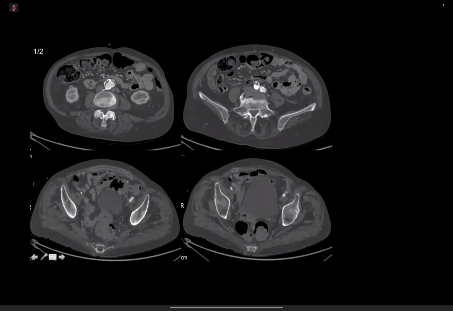Okay, I can approach retrograde left common femoral puncture. This would be the safe setting. I think we have enough distance to maneuver from contralateral retrograde puncture. And I can see the bifurcation is patent.